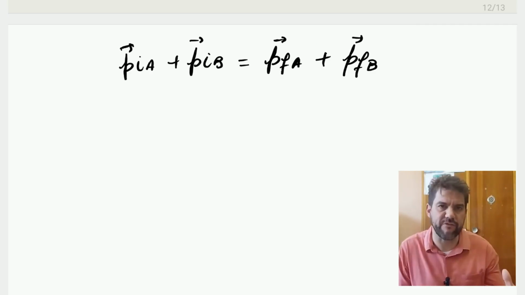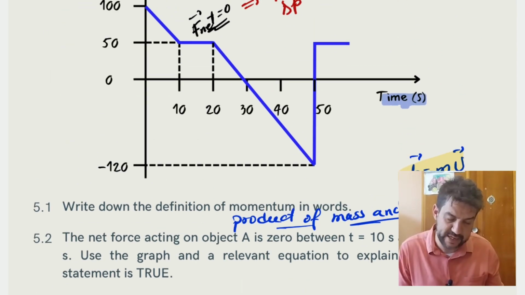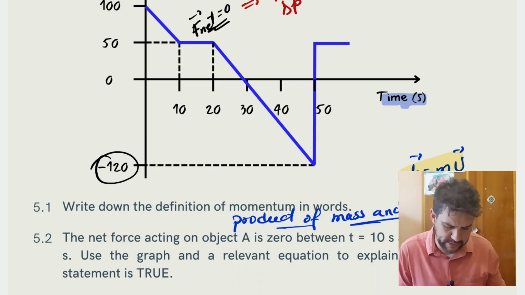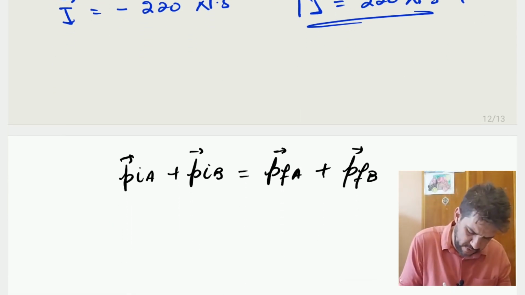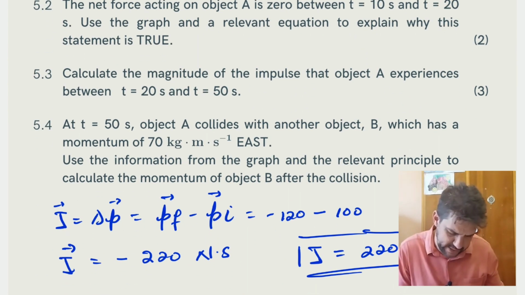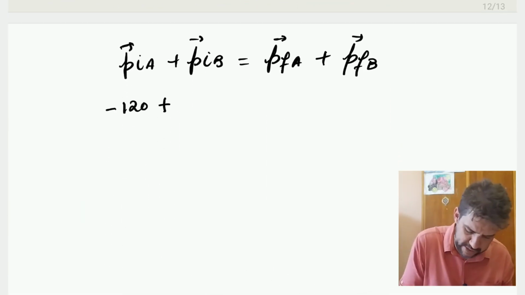Now be careful. What is the initial momentum of A? At 50 seconds, the initial momentum of A is negative 120, it's west. So here we have negative 120 plus the initial momentum of B, which is given to us in the question. It is 70 kilogram meters per second east, which means it's positive 70.